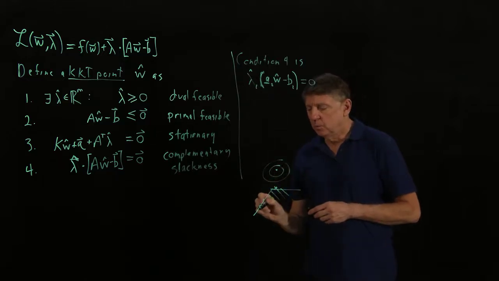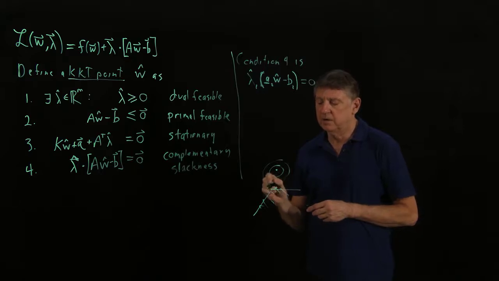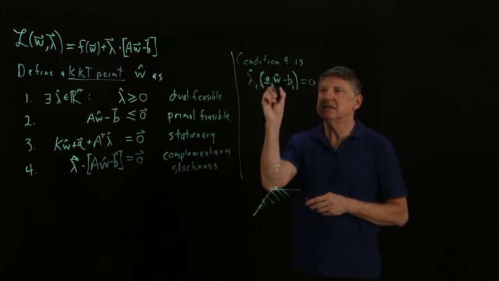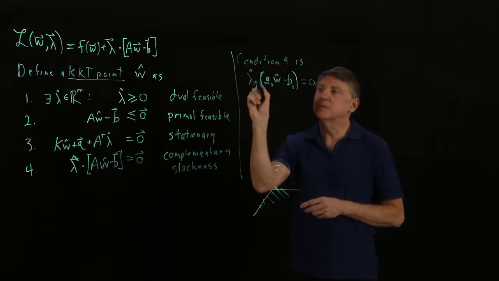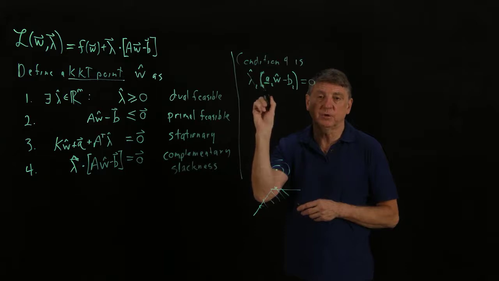And then it was an interior point for the feasible set of another constraint. In that case, this was not satisfied. It wasn't an equality. And so for that one, the Lagrange multiplier had to be equal to 0.